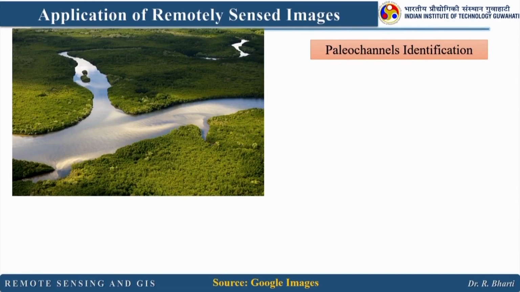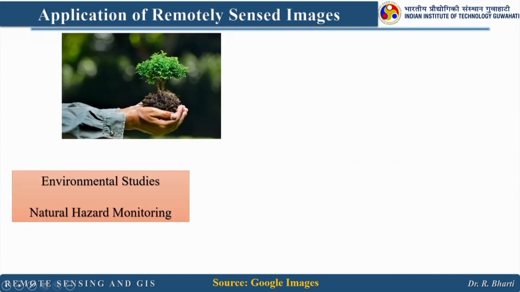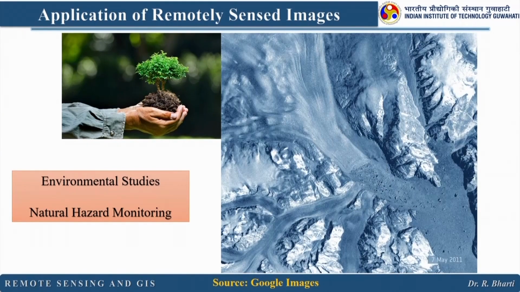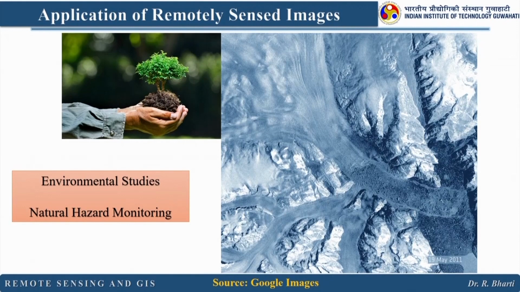So, this is one of the interesting applications of remote sensing where you can always find what is the path of your river. So, for environmental studies you can always use this remote sensing data, or for natural hazard monitoring you can use this temporal remote sensing data. Here you can see one of the examples, this glacier is moving.